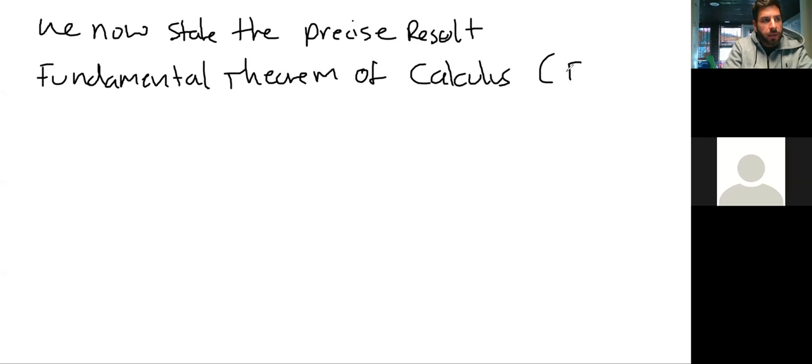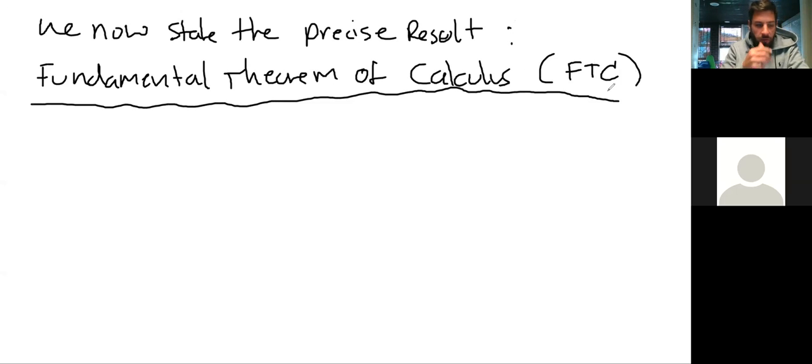To save space forevermore, I will refer to it as the FTC. There are actually two parts to it. Part 1, which we did not prove, but we gave a sketch of the proof. Maybe that can be someone's project for extra credit, the proof.